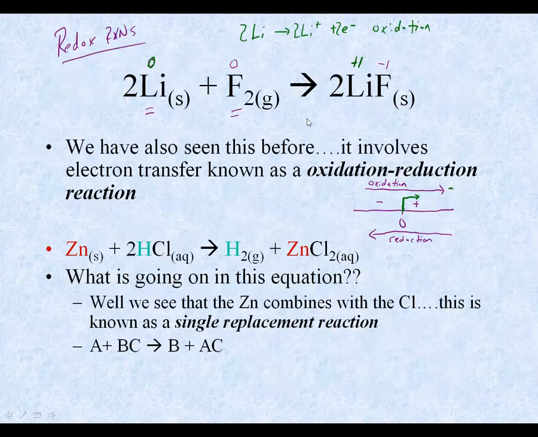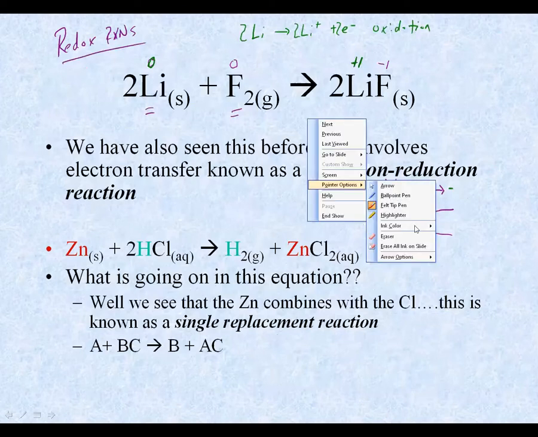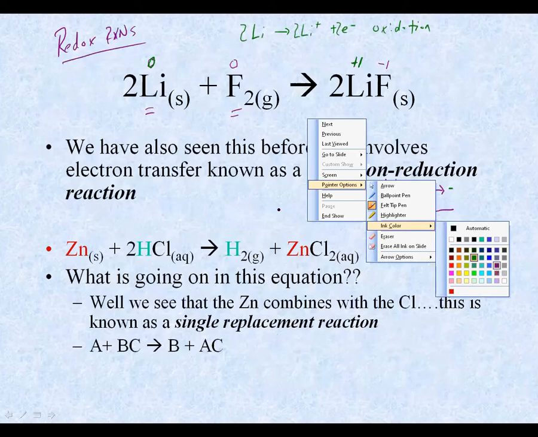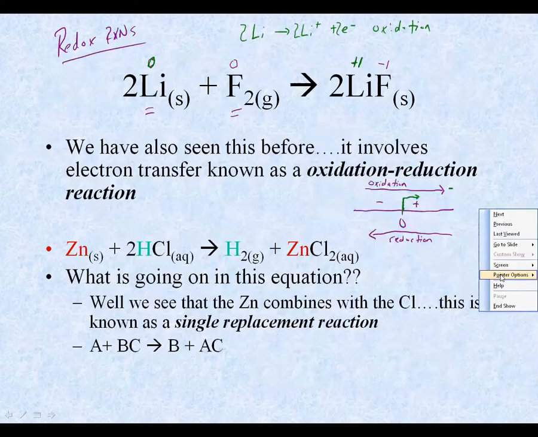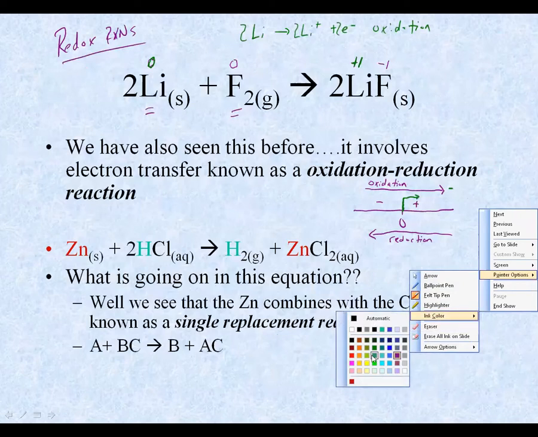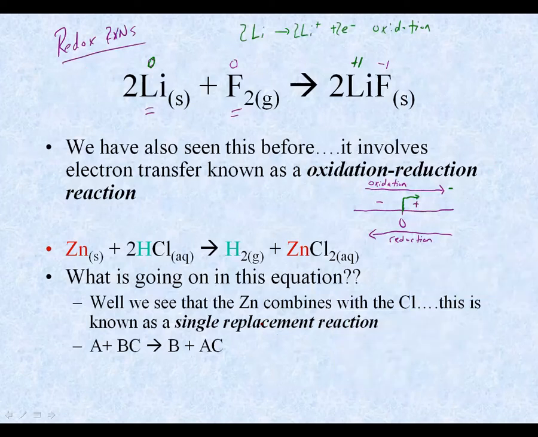Now, if we look at the fluorine, we could do basically the exact same thing with the fluorine. And if we look at the fluorine here, when it started at 0, and it ended at -1, you can do the exact same thing.